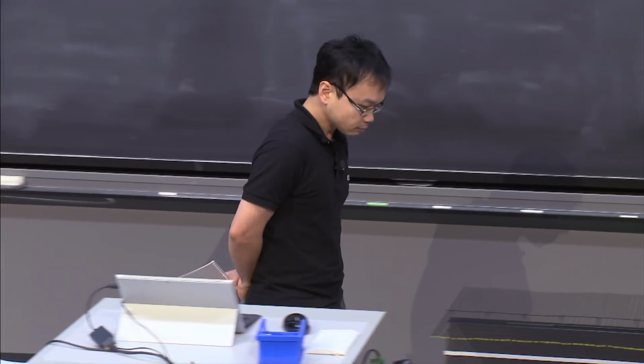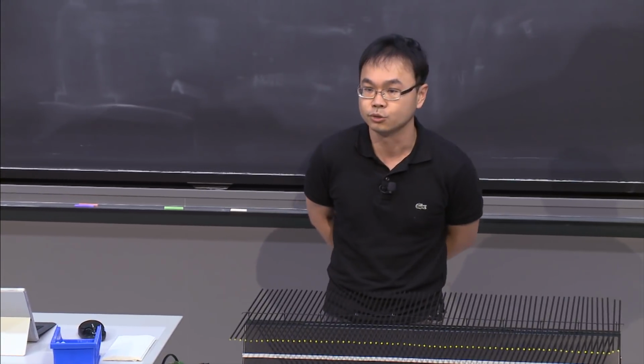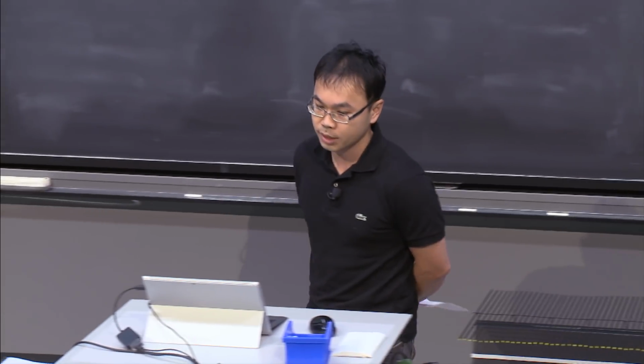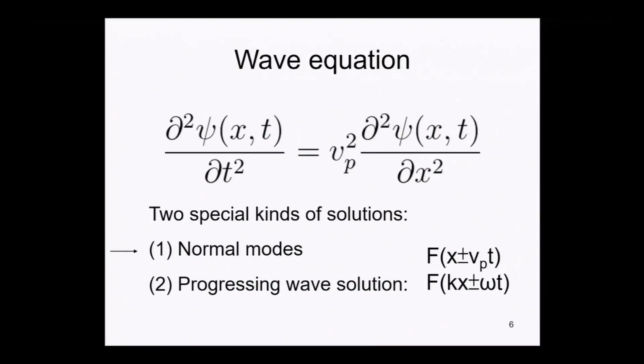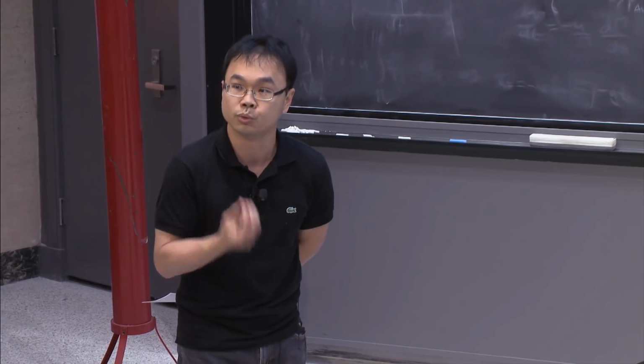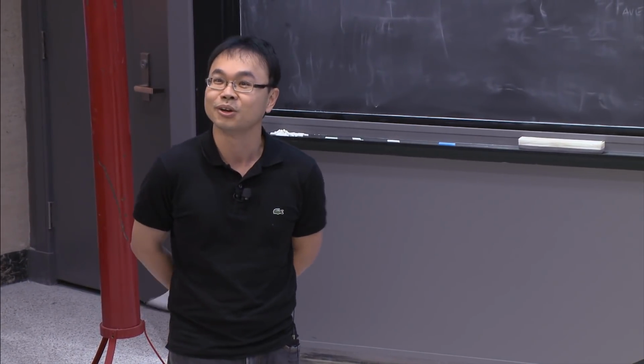Before we do that, let's take a look at this wave equation. This wave equation is actually equivalent to an infinite number of equations of motion. Right? If you think about it, why is that? That is because each position x you put in will produce an equation of motion, right?